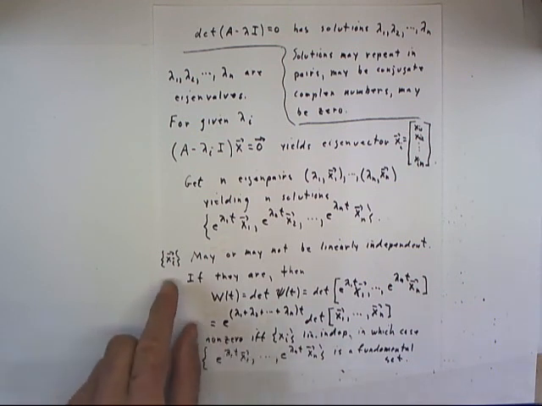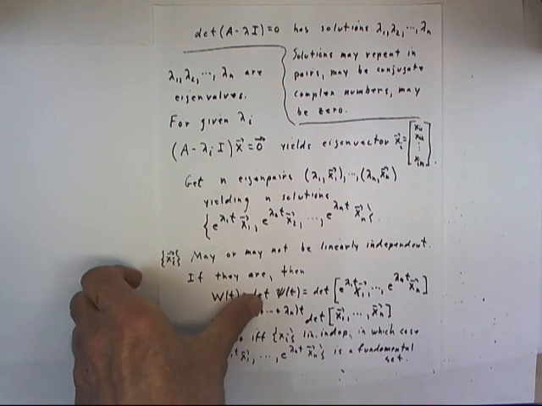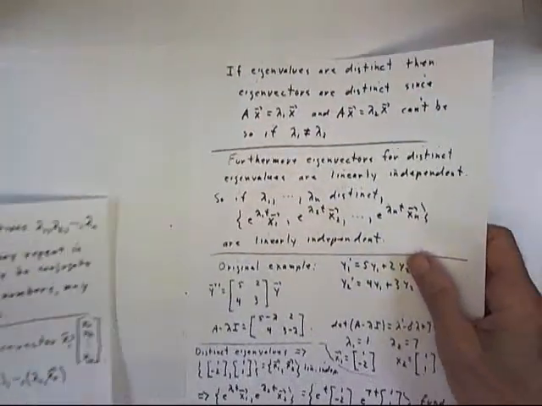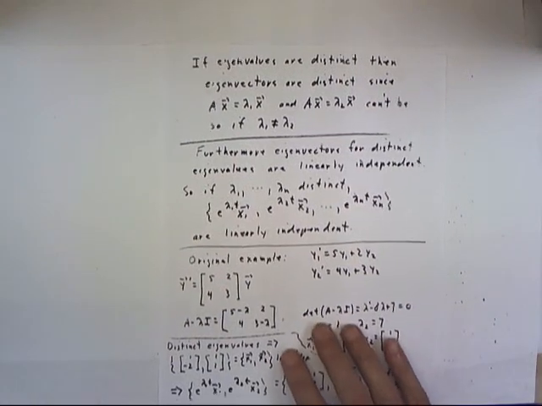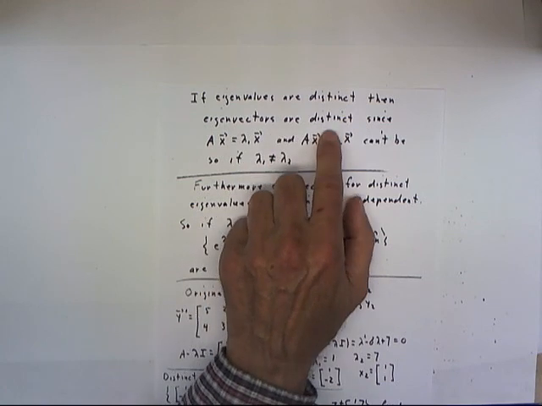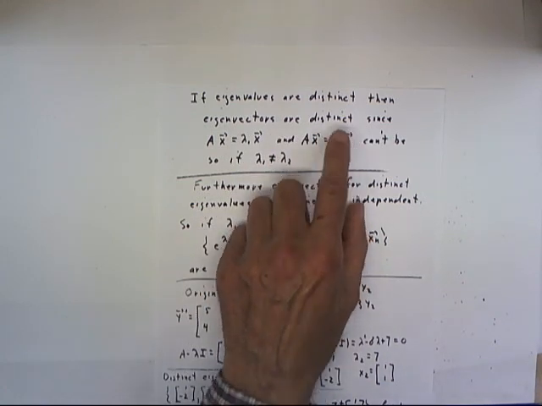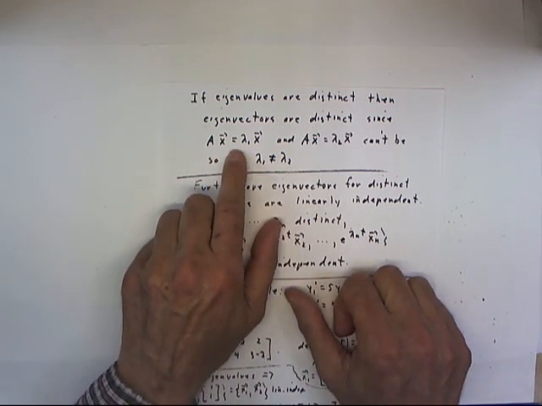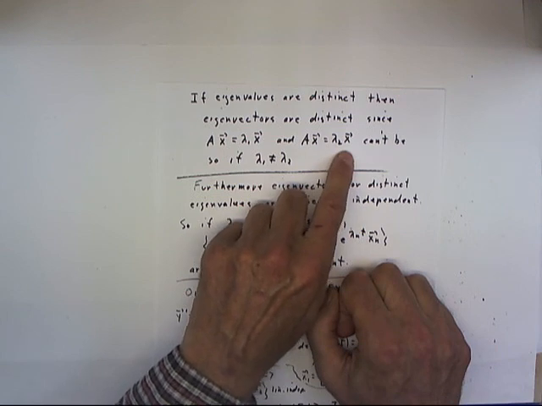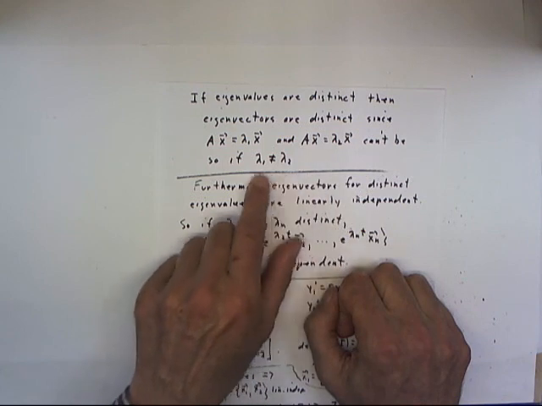Now, we don't have a completely good test for when these eigenvectors will be linearly independent, but there is one case in which we know they're linearly independent. If the eigenvalues are distinct, then the eigenvectors have to be distinct. And it's easy to see why, because if Ax equals lambda 1 x and Ax equals lambda 2 x for any given x, well, that can't be.